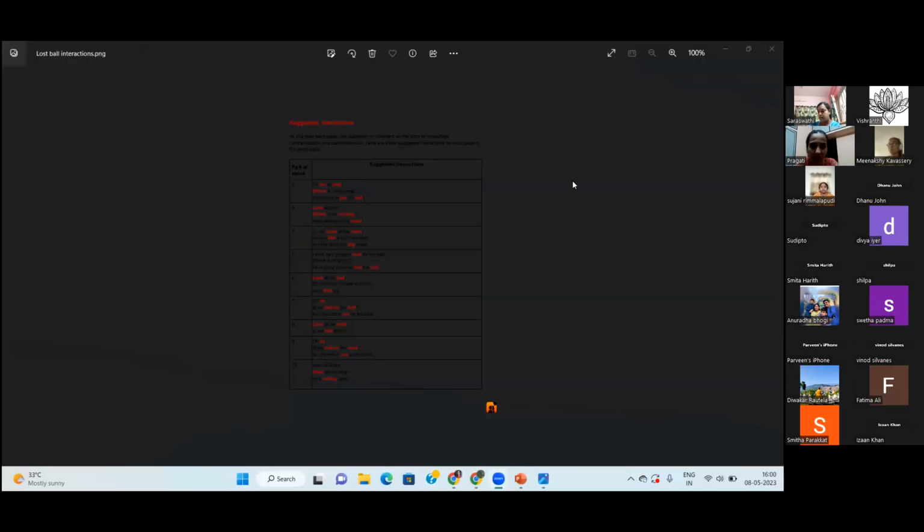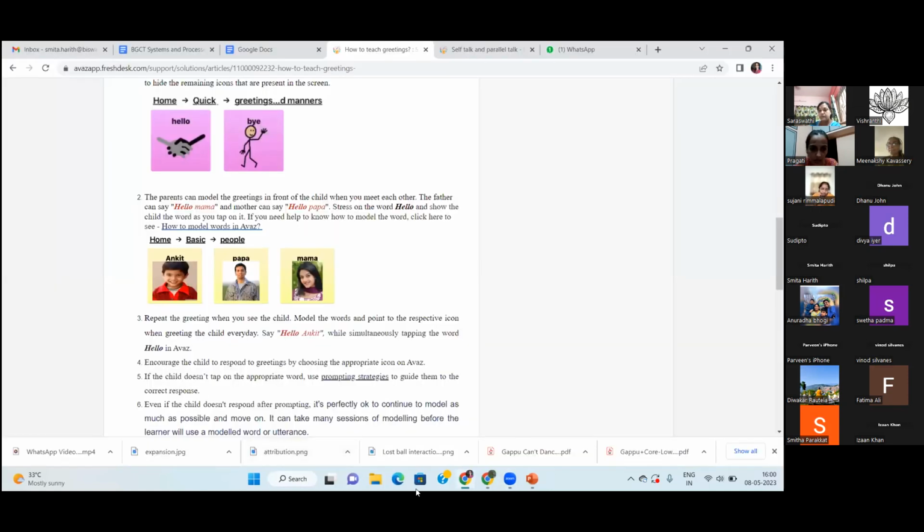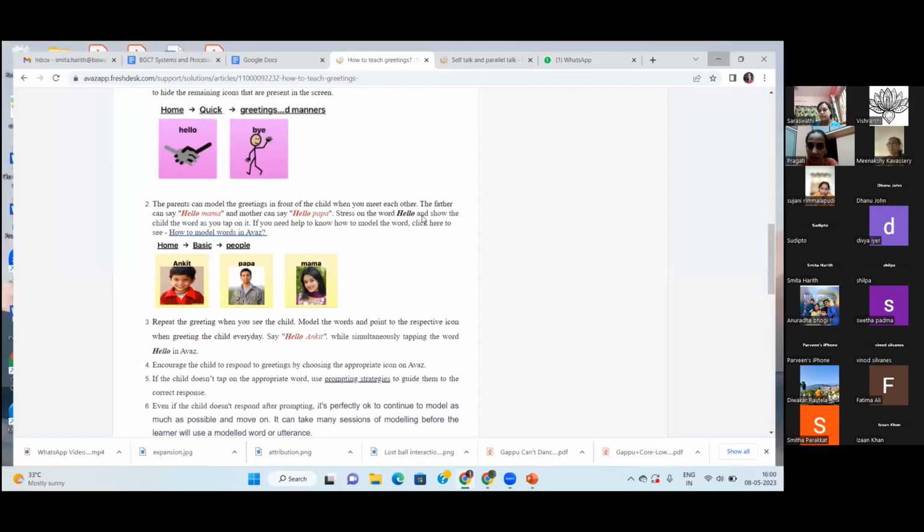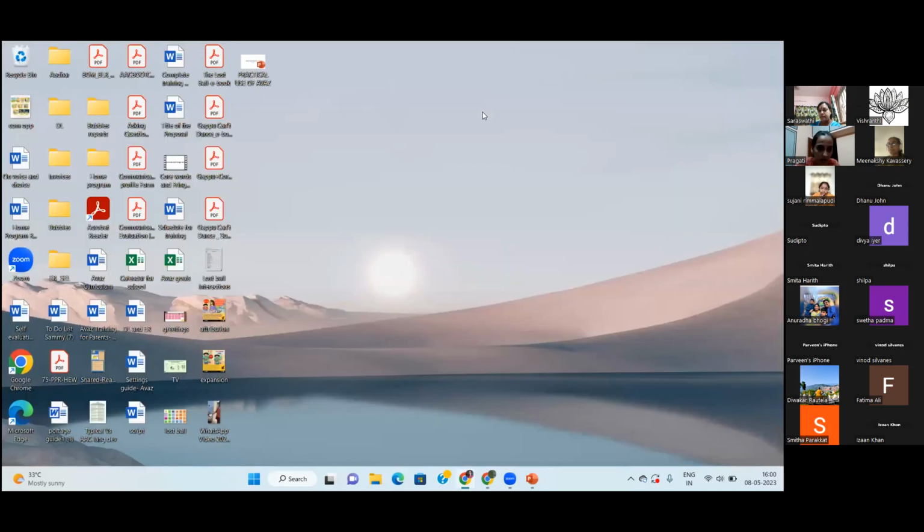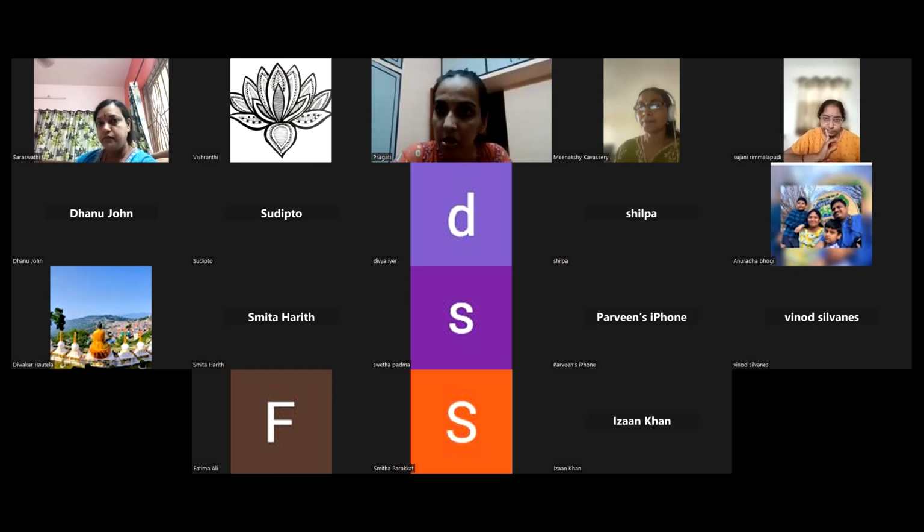Hey, what is happening with my screen? It's looking all black. Yeah, I don't know why. Just stop sharing and reshare it. Suddenly something goes wrong with this computer. Okay.